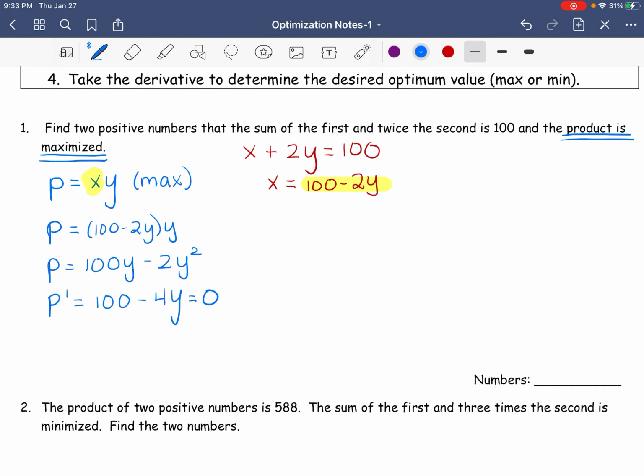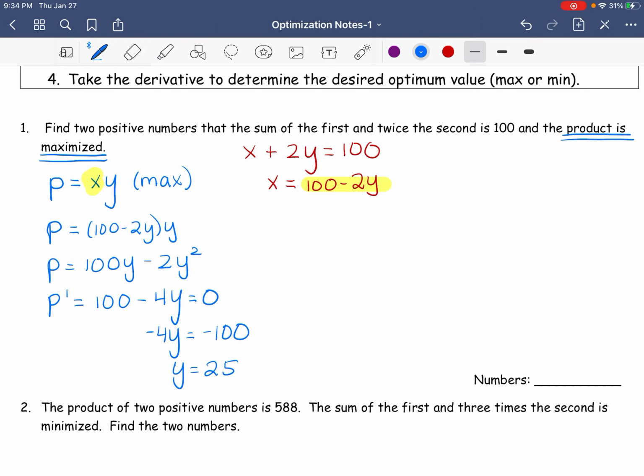We always set it equal to 0. And just solve this for y. And I get y is equal to 25. Okay, so that means that my y value is 25.